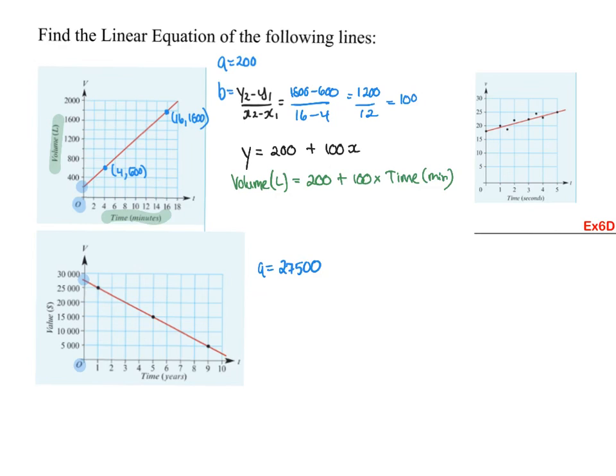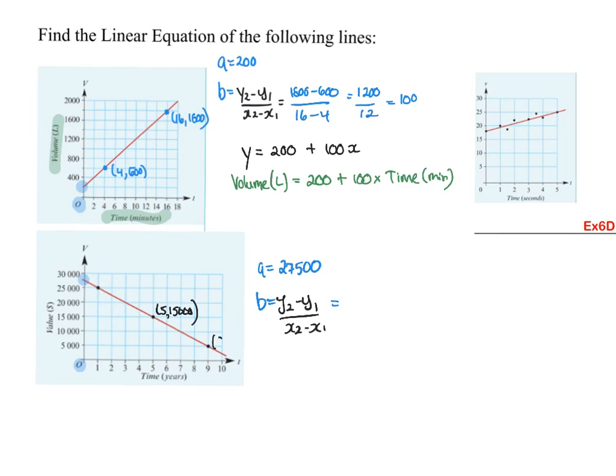So then we've got to find the B. So the B value is doing y2 minus y1 over x2 minus x1. Okay, so let's go find some 2 points. They've even marked some, so thank you. We might use them. So I might use this one, the 5 and 15,000.